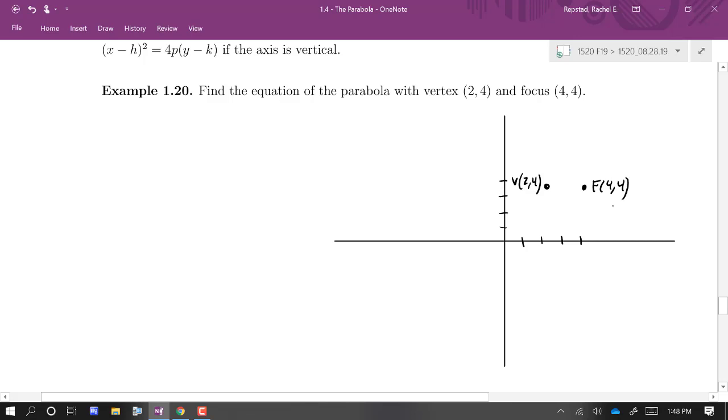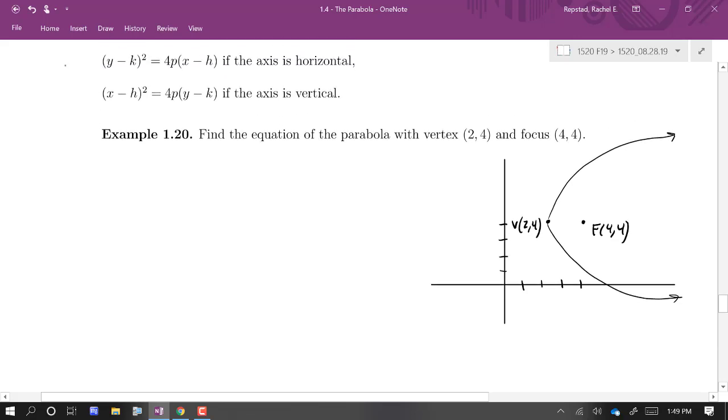A parabola kind of swallows up the focus, and neither of those points looks like it's actually drawn where they belong. Slightly better. Okay. So we know it does something like this. I mean, they didn't ask us to sketch it, but, you know, whatever. So it opens to the right.